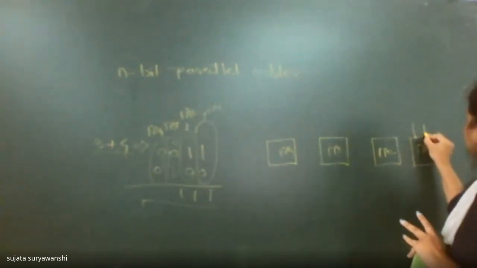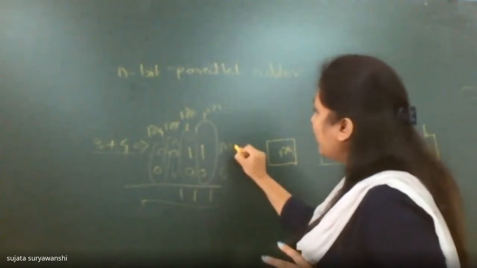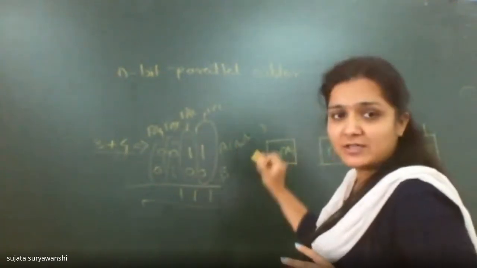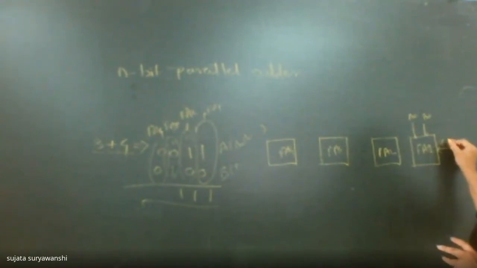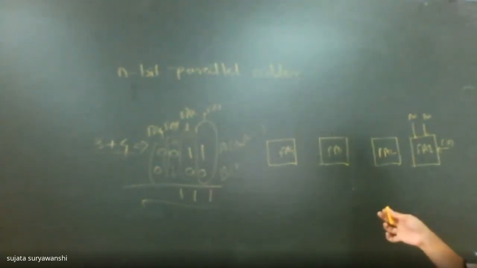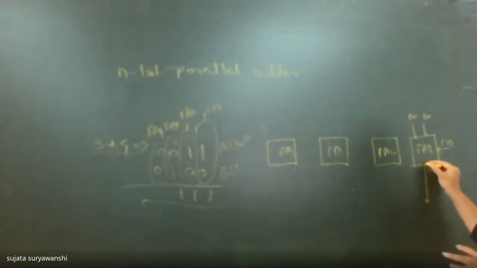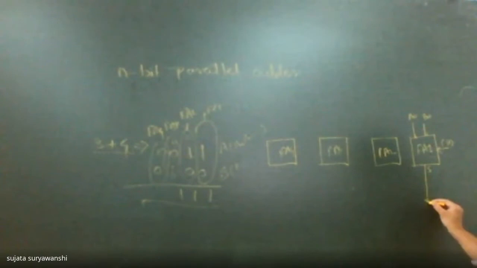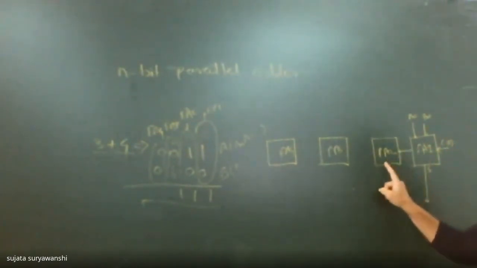Suppose this is your A and this is your B. Means A0, A1, A2, A3, and similarly B0, B1, B2, B3. So this is your B0 and A0, that is the LSB bit of A and the LSB bit of B. And you need to consider the carry in, if a carry is there. Then the sum is generated, given by this line, and whatever carry is generated should be given as input to the next full adder.